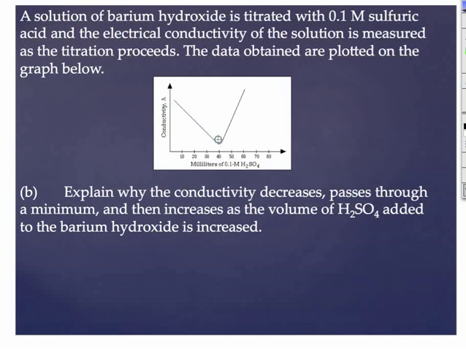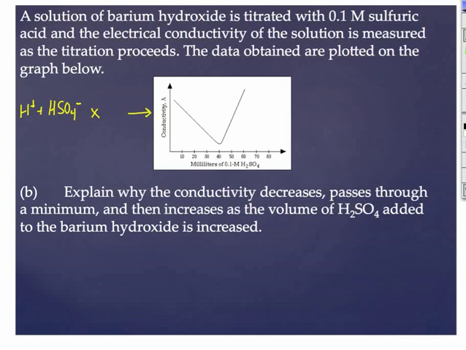Now, this question says, explain why the conductivity decreases, passes through a minimum, and then increases. Now, if you remember, early on this side, we would have our H plus and our HSO4 minus. Those are going to be in excess.